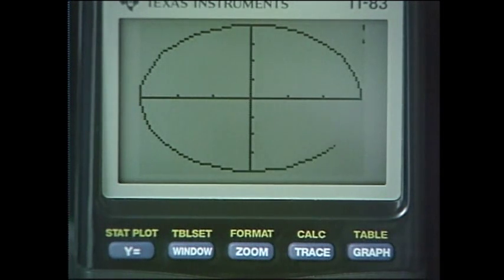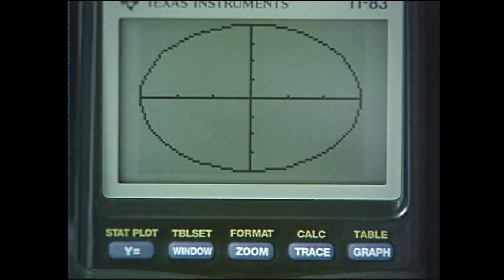Now I want you to notice a horizontal elongation, and we mentioned a little while ago when we took out the parameter and investigated the equation, we said this is the equation of an ellipse that is elongated vertically, not horizontally. So something is wrong with this picture anatomically.